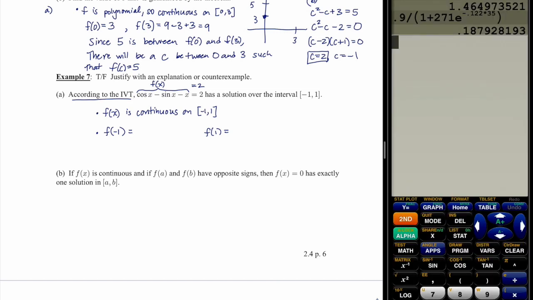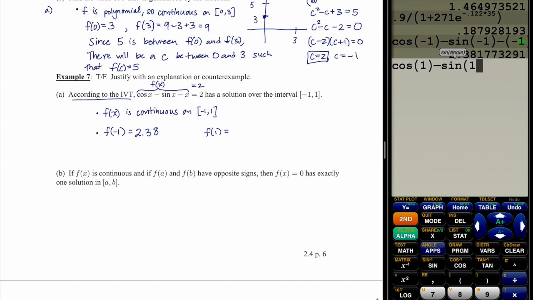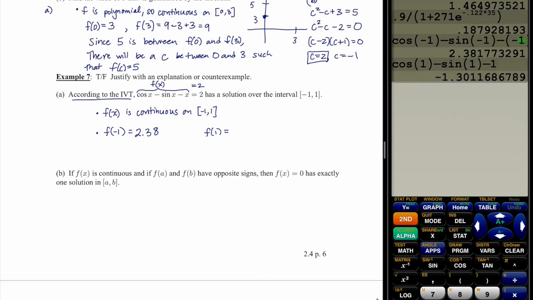And then I want to do cosine of -1 minus sine of -1 minus -1. I get 2.38 roughly, and then f of 1, if I do cosine of 1 minus sine of 1 minus 1, I get -1.3 roughly.